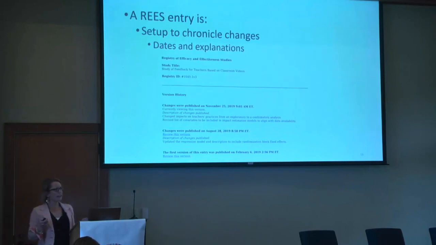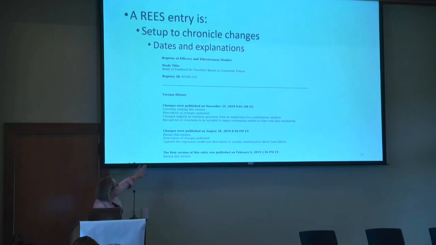As you would expect, an entry is set up to chronicle changes, right? So, for example, what I have here is the PDF of a study that's currently up there. And here's the first version. We can see it was February 6th of 2019. And then the person went back in and made changes on August 28th.